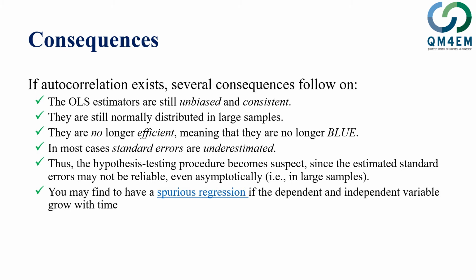Furthermore, the standard errors are strongly underestimated, and because of that we end up finding relationships between explanatory variables and the dependent variable that may not actually exist. So we end up having spurious regressions.